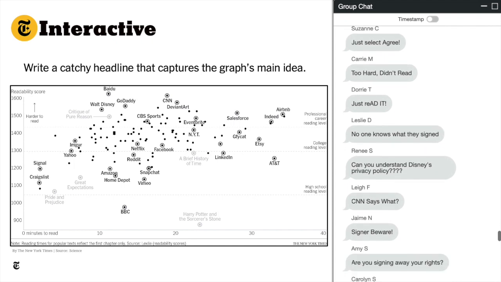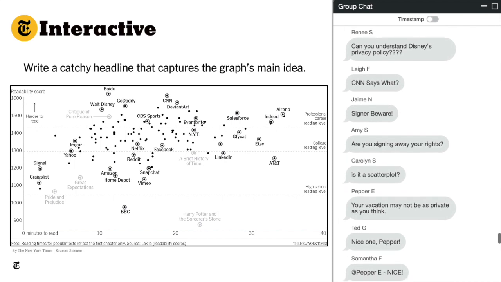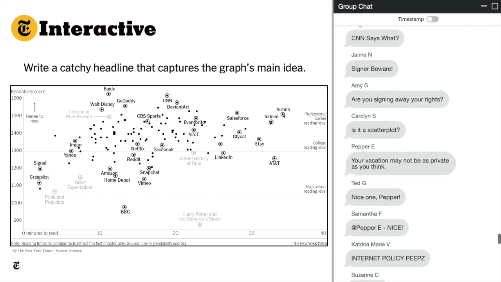So this is a really interesting question. It's fun, but what else is so important about this question? How does this type of question further student understanding, Sharon? A good catchy headline shows if the student really understands the graph. Someone in another group said something like, do you need a PhD to go to Disneyland? Which captures a whole lot of what's going on in this graph.